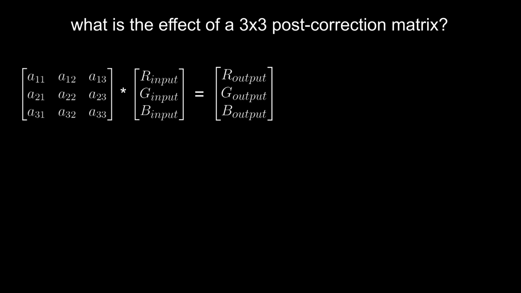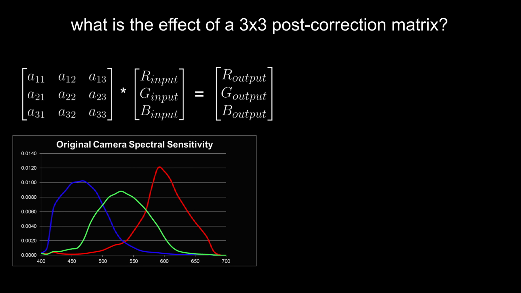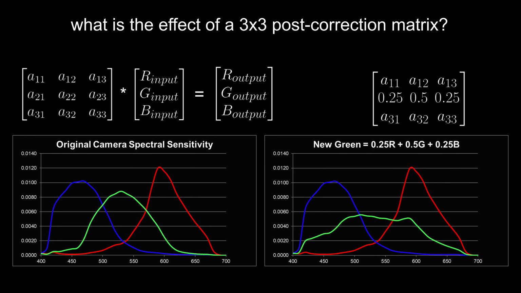So what's actually going on when we're looking at a 3x3 post-correction matrix for an image? Again, I mentioned it's just a linear transformation. And what ends up happening is that when you start with a particular target spectral sensitivity curve for your camera, if you then introduce a 3x3 post-correction matrix, it enables you to brew up a completely different hypothetical spectral sensitivity curve.